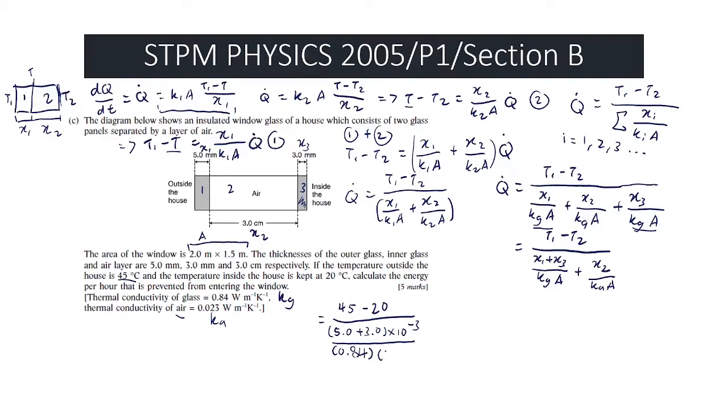The area is just 2.0 multiplied with 1.5. Now we have to add x2. x2 is given by 3.0 times 10 to the negative 2, and ka is 0.023. The area is the same.